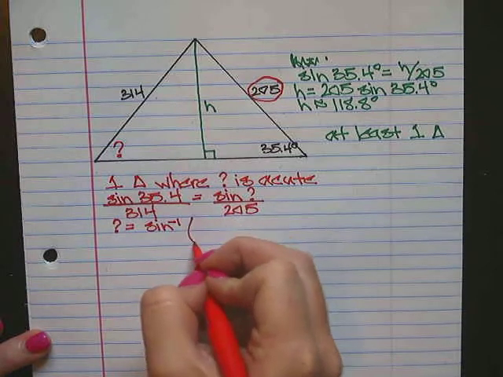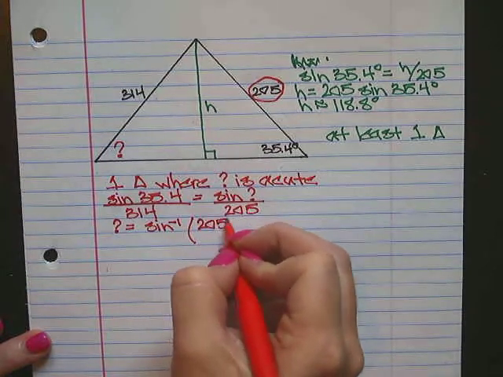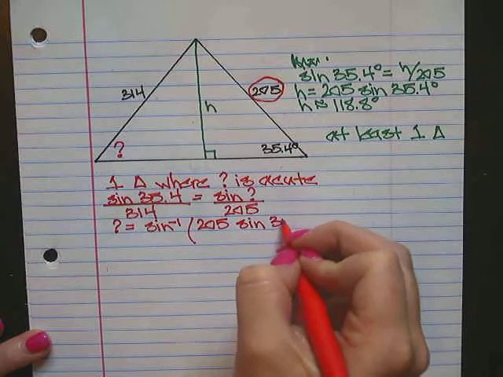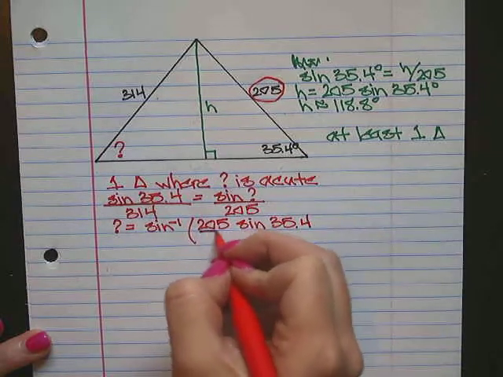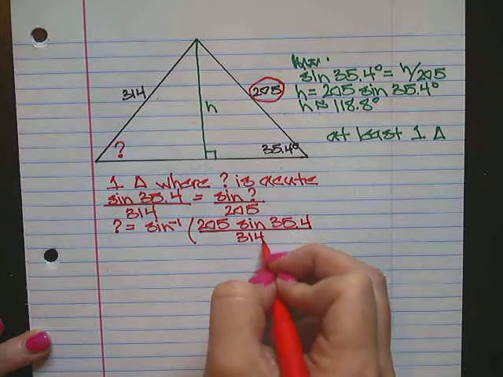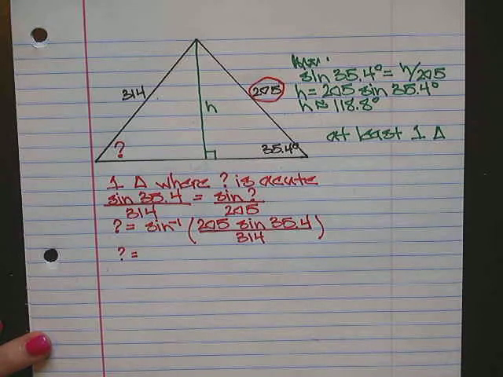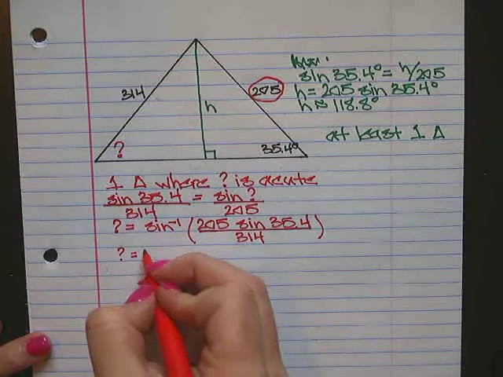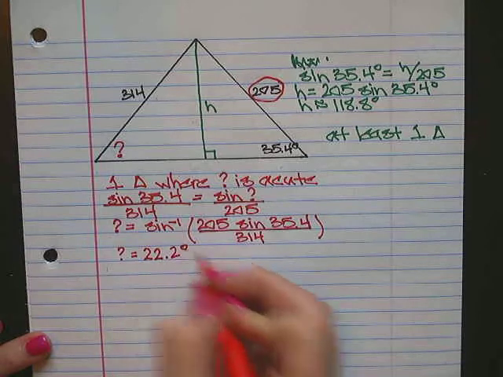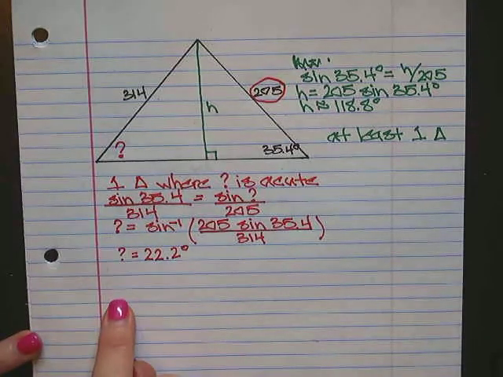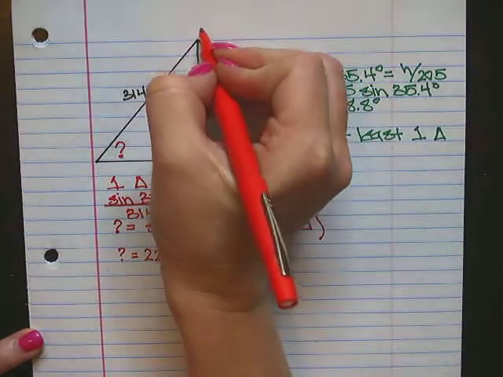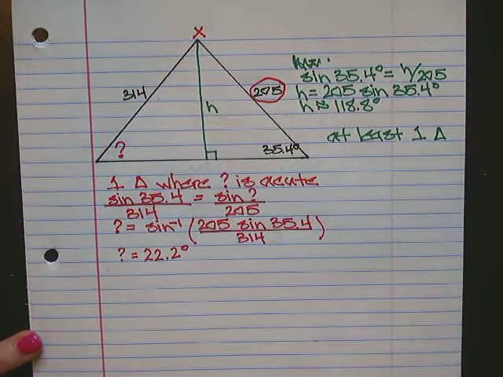Once we cross multiply, we get that our question mark is the inverse sine of 205 sine 35.4 over 314. So the inverse sine of 205 sine 35.4 over 314 is 22.2 degrees.